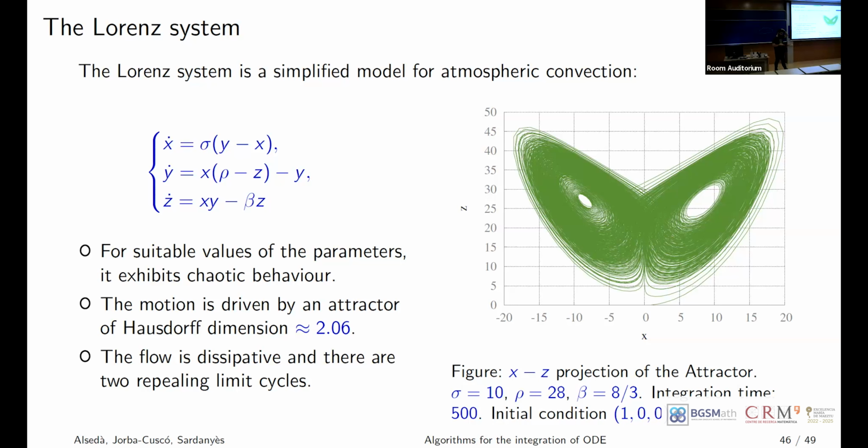This object is strange in the sense that it's something between a surface and a 3D object. It has fractal dimension. It is a little bit more than a surface, with fractal dimension of about 2.06. And it is chaotic. And we'll see what chaotic means now.